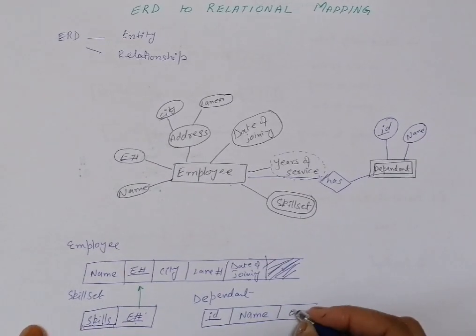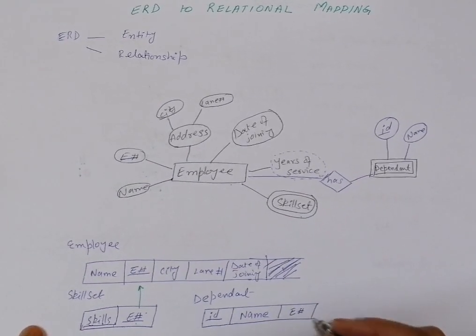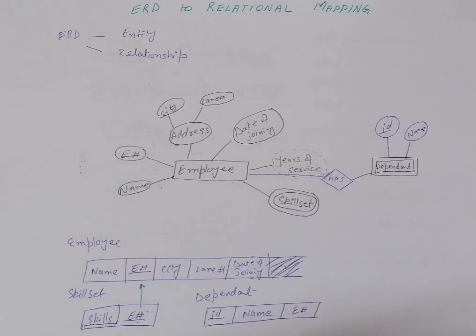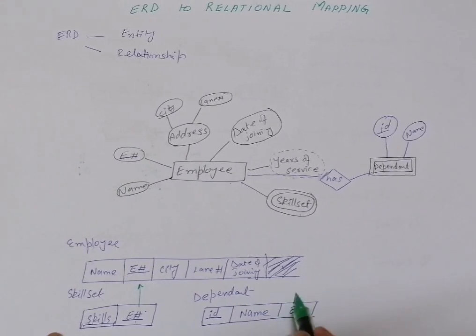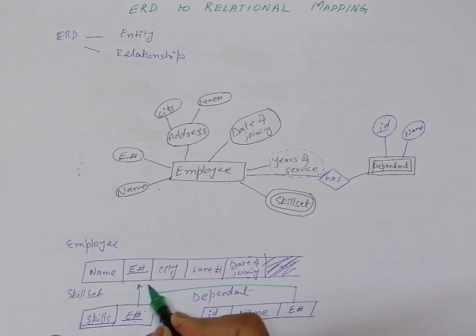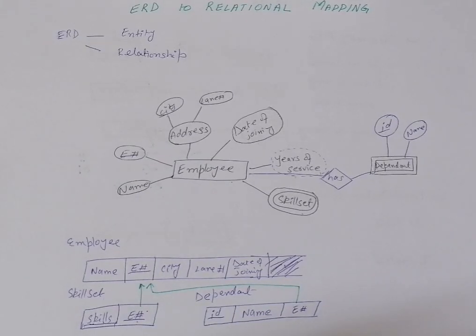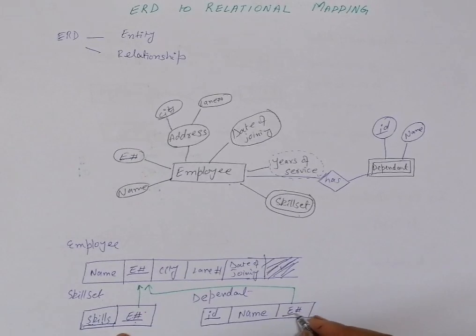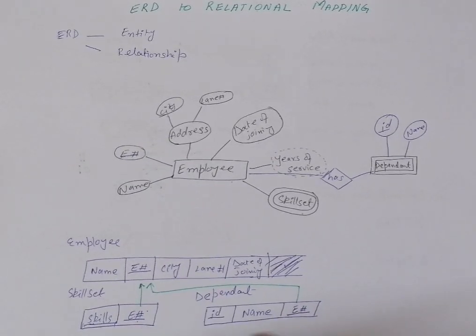By adding the unique identifier of employee over here. Again, this employee ID is a foreign key, a key that has been taken from employee, and it combines with the ID of dependent in order to uniquely identify a particular dependent.